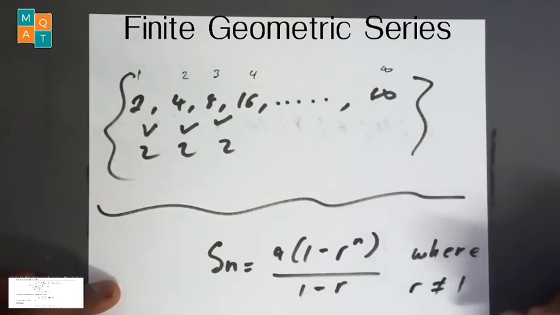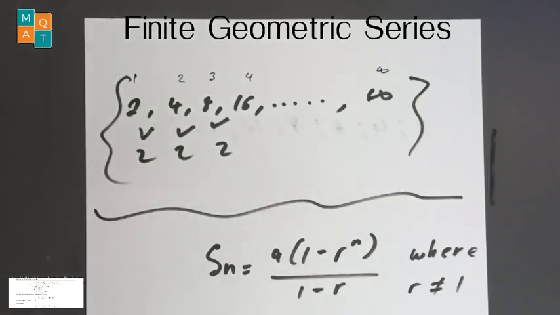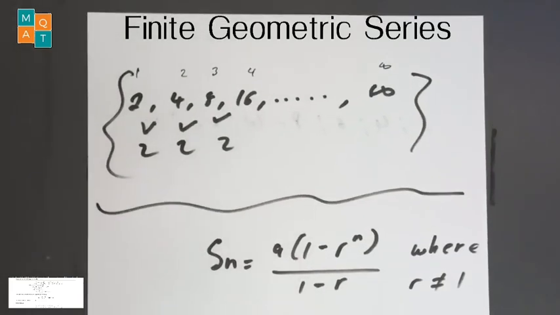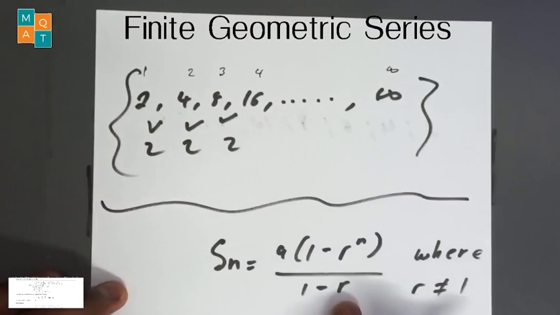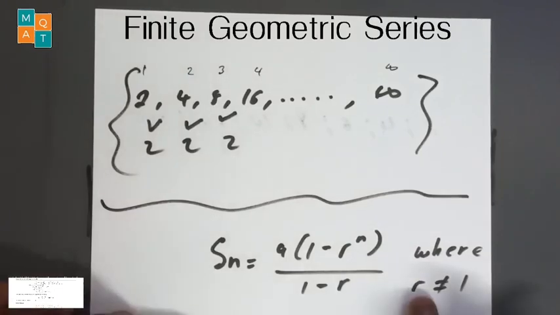If they ever ask you the domain of this, or the value where this thing is not defined, that is where r is equal to 1. Meaning the only constraint we have in a geometric series is that r is not equal to 1. Guess why?